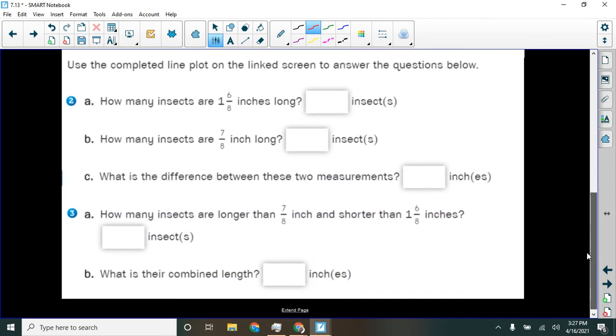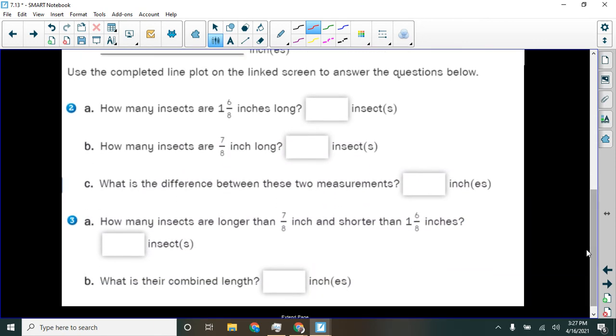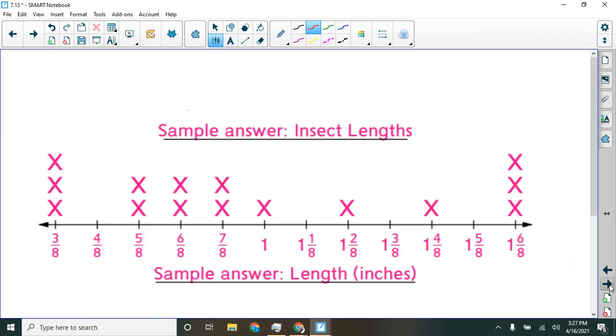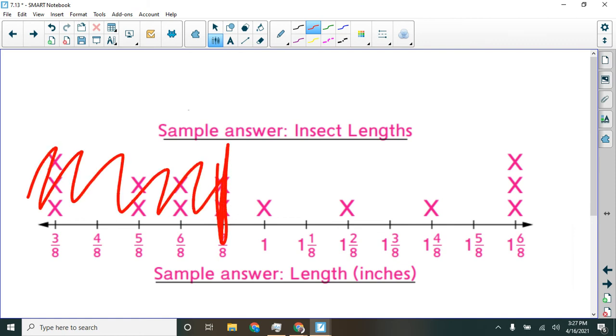Okay, now I'm going to help out with a couple of these here. Let's do number 3 together. How many insects are longer than 7/8 of an inch and shorter than 1 6/8 inches? Longer than 7/8, so we are not going to count 7/8 or anything on that side of it.